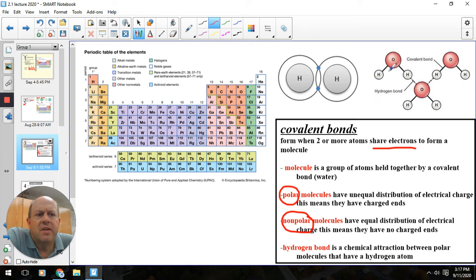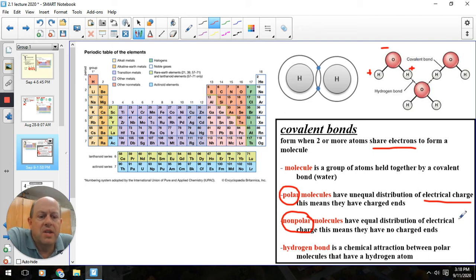But in the case of oxygen and hydrogen, oxygen's 16 times bigger than hydrogen, and so the share is not even close to being equal. Oxygen gets the electrons the majority of the time, and because of this, the molecule is going to have an electrically charged end. So having the electrons will give the oxygen a negative charge, and not having the electrons would give the hydrogens a positive charge.